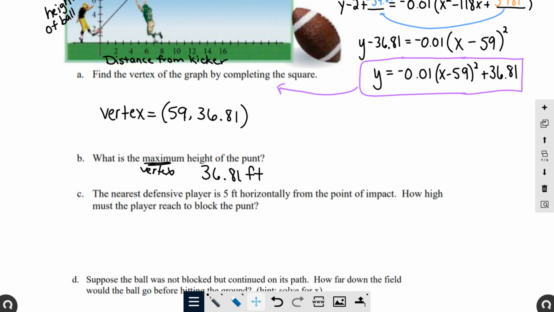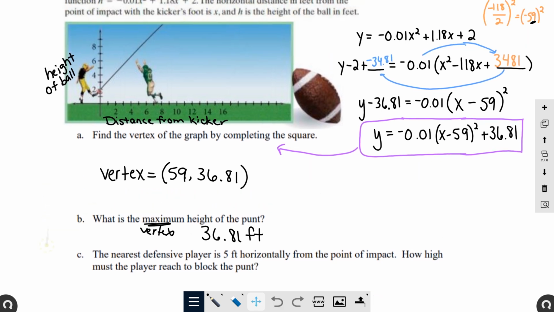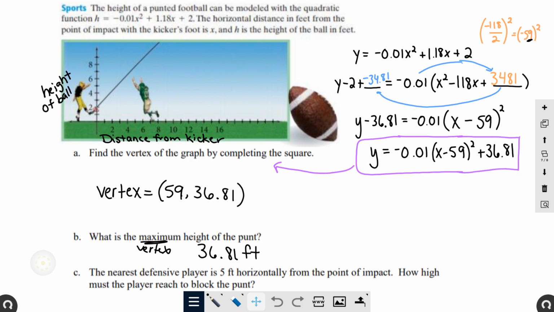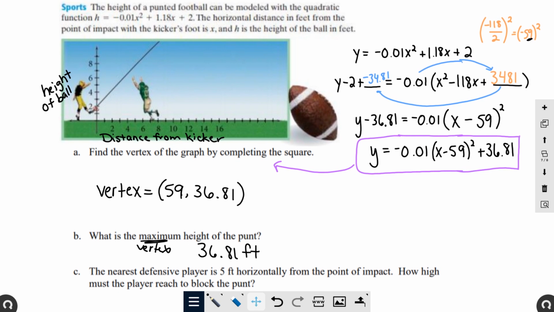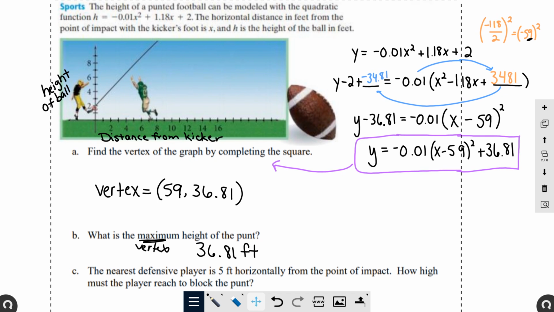Now, part C says the nearest defensive player is 5 feet horizontally from the point of impact. How high must the player reach to block the punt? So if we look back at this picture, it's kind of drawn in for us, right? Here's the defender running. He's at 5 feet away from the kicker, which means he's at what value?